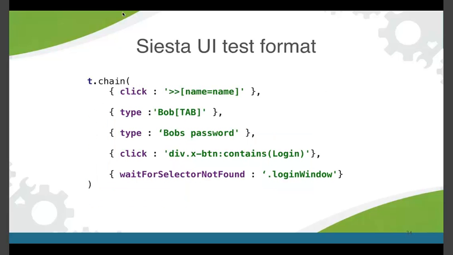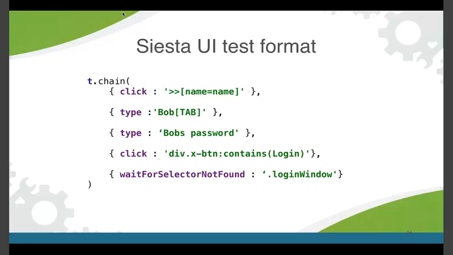So a quick basic look at a Siesta UI test looks like this. If you want to issue some commands to the Siesta UI, to the test subject, you'll just say t.chain, which is our asynchronous chain in which you have commands that tell Siesta what to do. This reads very easily, and that's intentional.